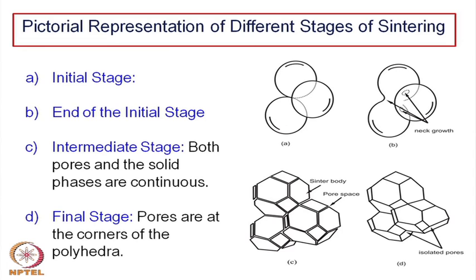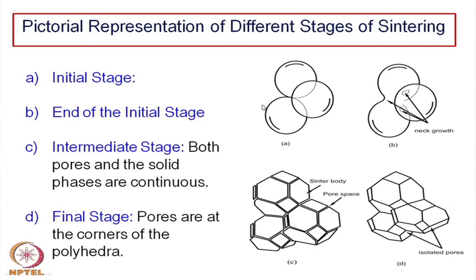To start with, this is the initial stage where the particles are just touching each other, the contact is minimum, and there is no deformation of the particle. They are the original particles which are put together.